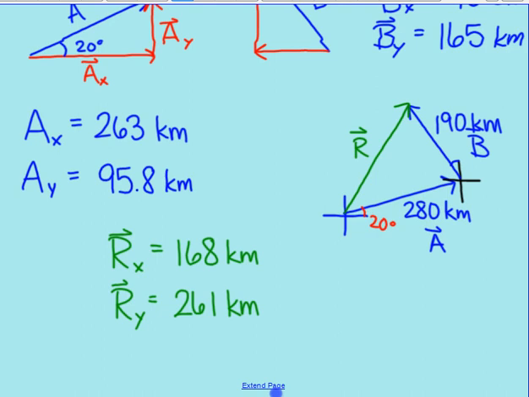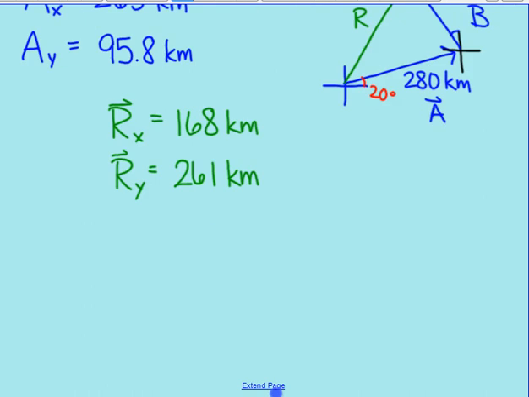Our next step then is to draw those two components, putting them tip to tail. Here's what that means. I'll start out with the 168 and then 261. And then I can tell that my total resultant would look something like that.